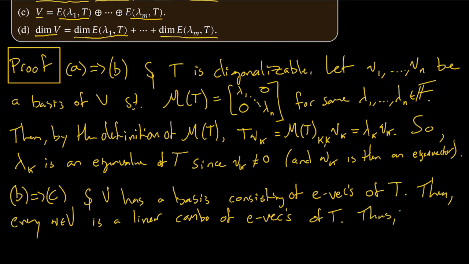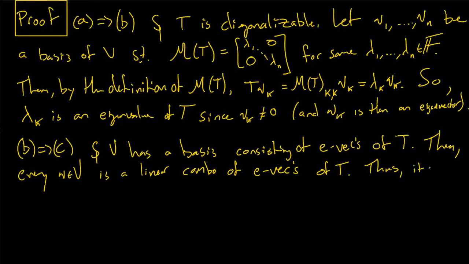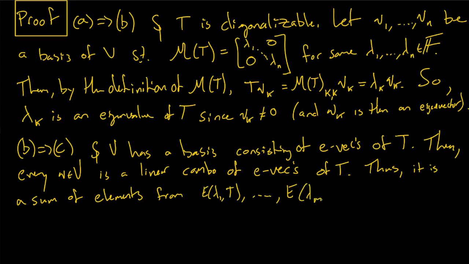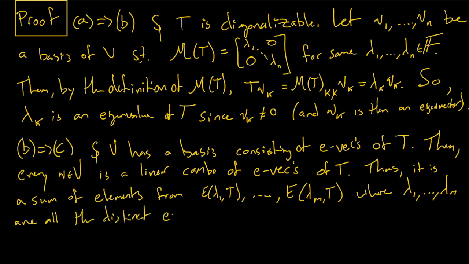Thus, it is a sum of elements from E lambda 1 T through E lambda m T, where lambda 1 through lambda m are all the distinct eigenvalues of T.